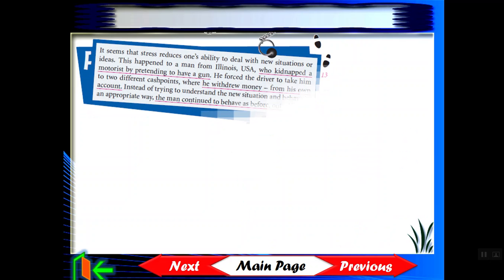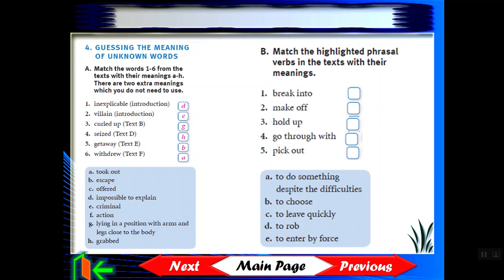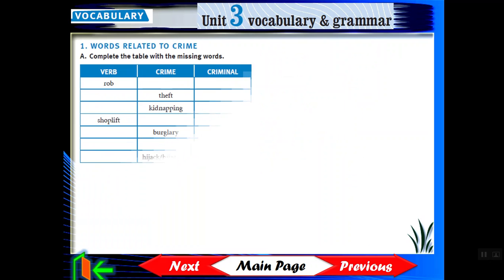So you're gonna see the words related to crime in a table. If you remember these words and answers, fine. If you didn't get the answers, whether you were absent the last lesson at school, you can copy these answers because they are related to each other.